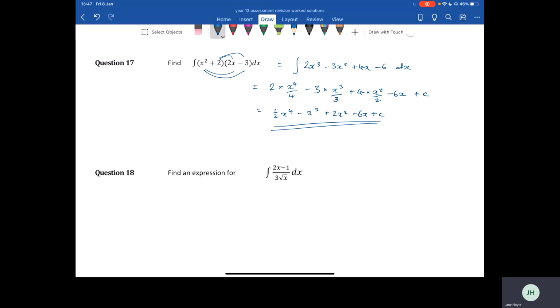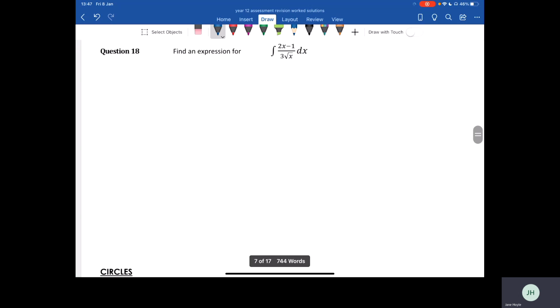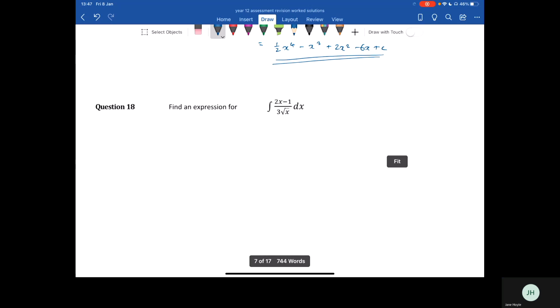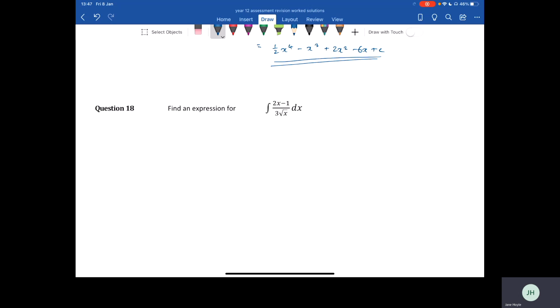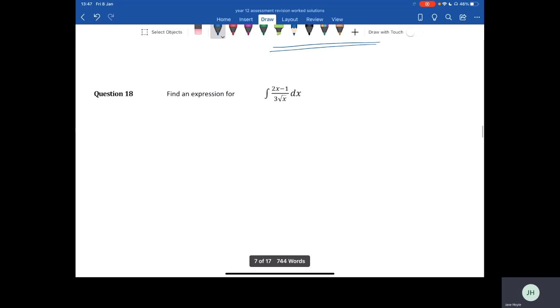Okay, now we have got, I think, the last one of the integrations. Similar to the first one, in that we have got a fraction, but it just looks more horrible. But don't panic. I'm going to use exactly the same technique.